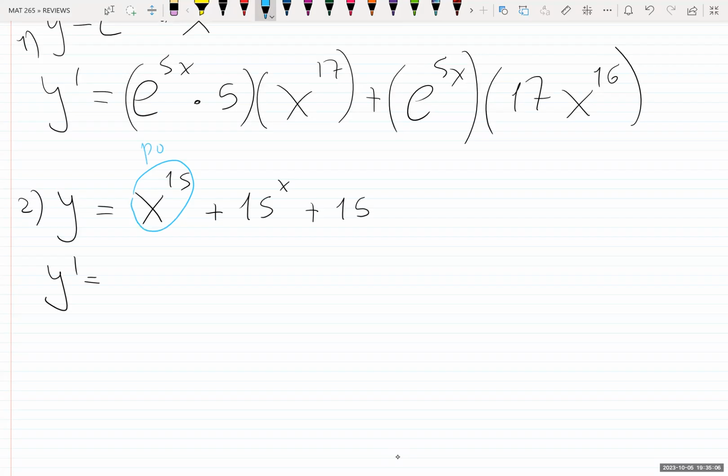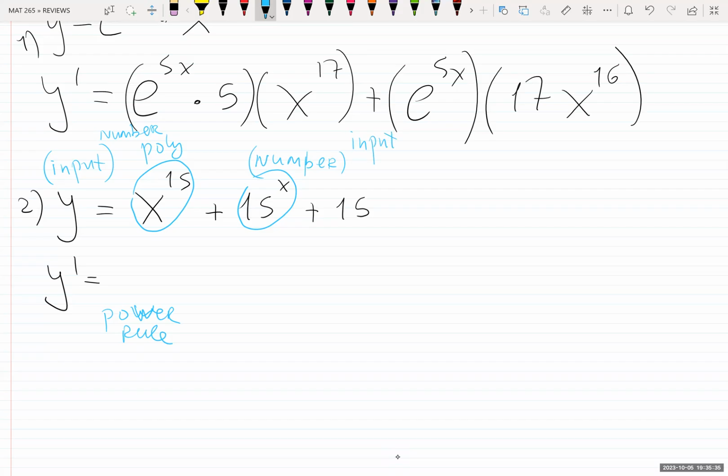A polynomial has the shape of the input to the number. That's the shape of a polynomial, which means it requires the power rule. While an exponential function has the shape of a fixed constant to the input, to the variable.